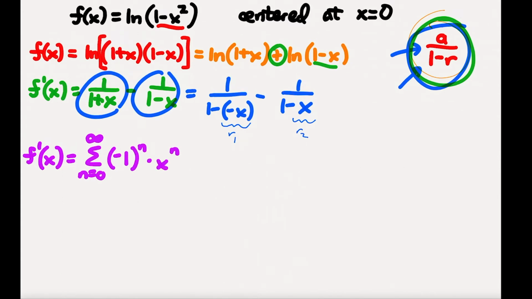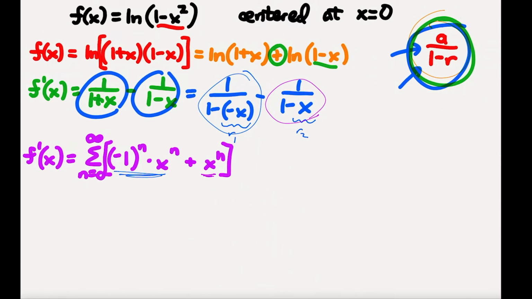And then I'm going to be adding the x to the n from the other one. I'm going to put brackets around this whole thing just so it's easier to see. So the first one is this one right here, and the second is this one right here. So I kind of broke it down like that. And that's just a derivative. Again, we haven't actually found the power series for the original f of x. This is just a derivative for now.